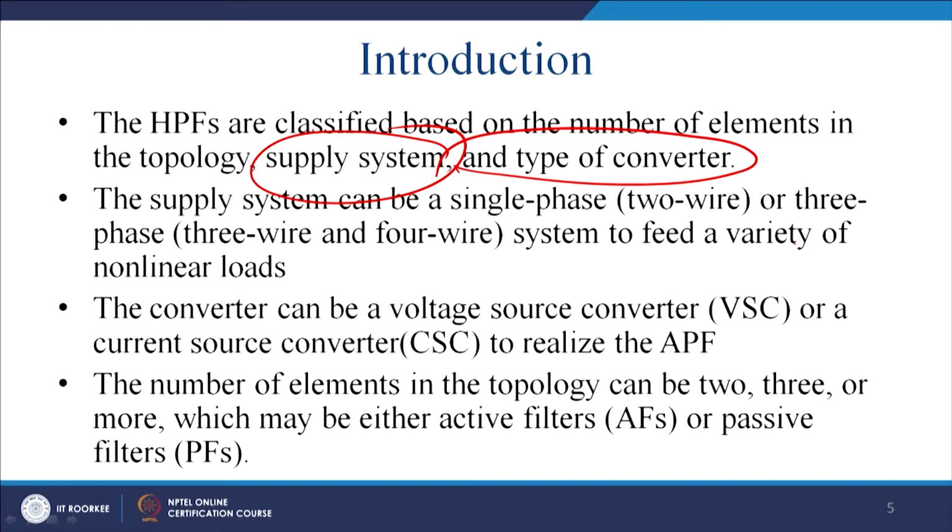The converter can be a voltage source converter, that is VSC, or a current source converter, CSC, to realize the active power filter. The number of elements in the topology can be 2, 3 or more, which may be either active filters or passive filters.